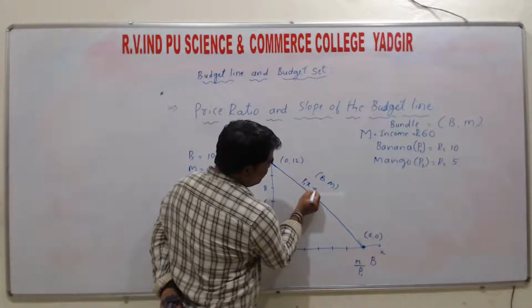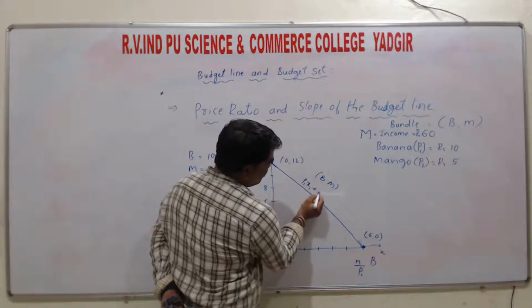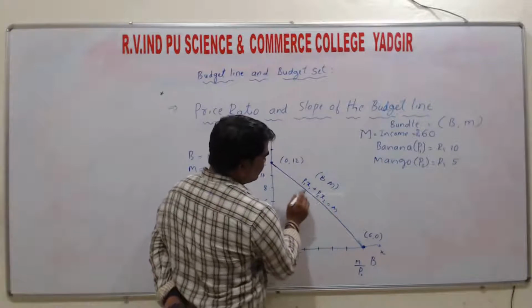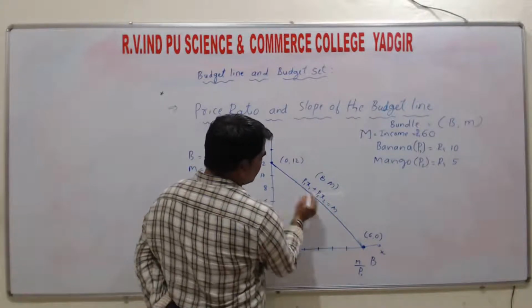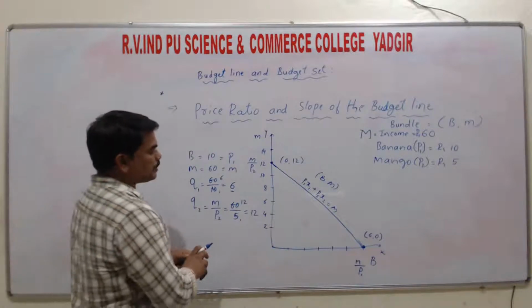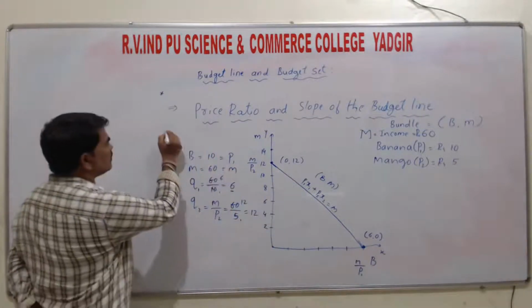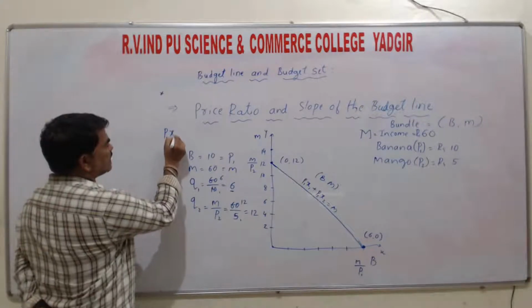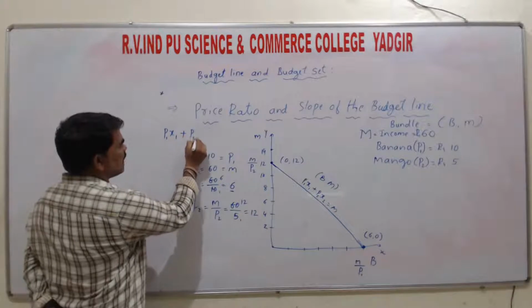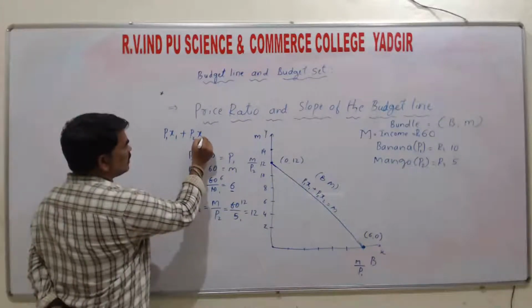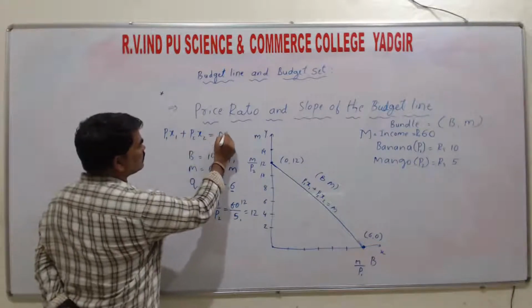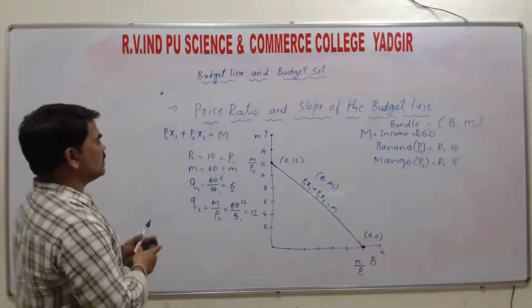If the cost of the banana and the cost of the mango together are equal to income, then this bundle comes on this line. Correct? Now, the equation I will write here: price of the banana times quantity of the banana, plus price of the mango times the quantity of mango, the total is equal to the income of the consumer.